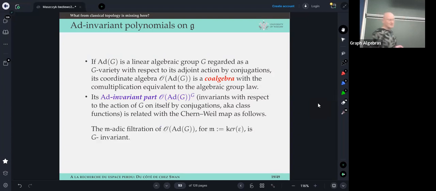So first of all, this algebra of polynomial functions admits a filtration by powers of the ideal, which is the kernel of evaluation at the neutral element. Since the neutral element is invariant with respect to the adjoint action, it's obvious that this filtration is G invariant.